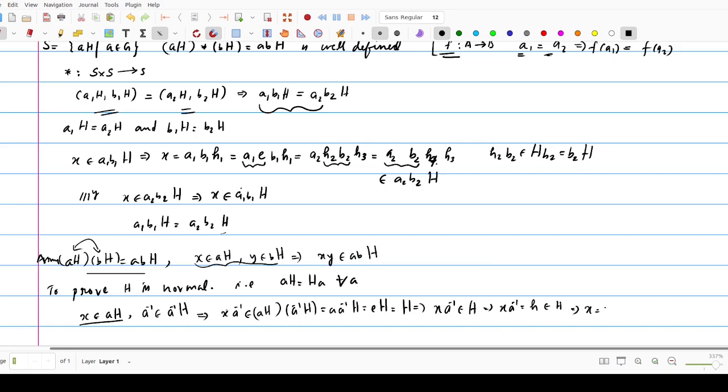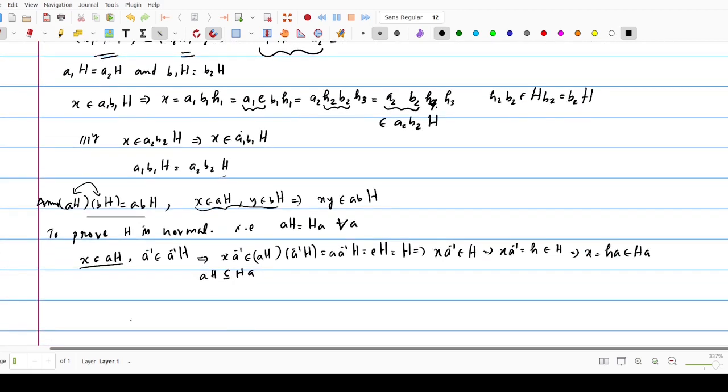X can be written as hA. Okay, hA is obviously a member of HA. So we start with X belongs to AH, then X belongs to HA, which shows that AH is contained in HA.